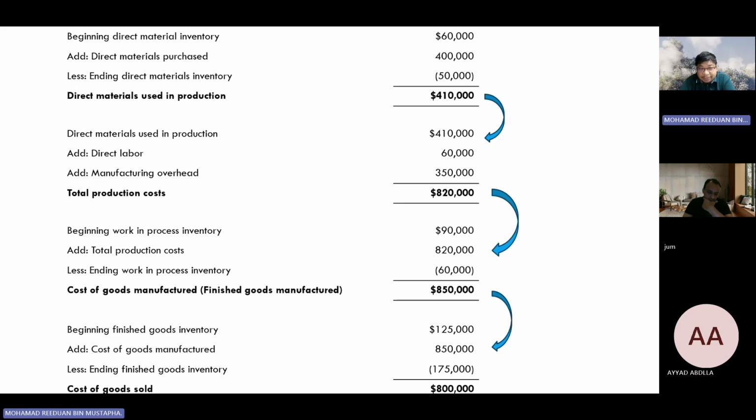The process has not yet been done, but it's already in the process at the inventory levels. But the cost of goods sold actually is the cost that you need to consider when you want to do some pricing in terms of the cost. So that can be considered to make decisions.